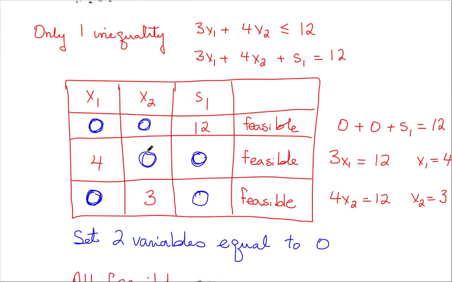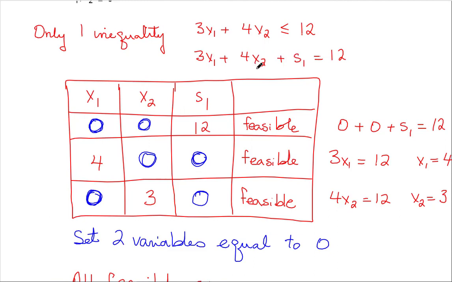I could have x2 and s1 be 0. This is 0, this is 0, so solve that: x1 is 4. Now the only other possibility is if x1 is 0 and s1 is 0. This is 0, this is 0.